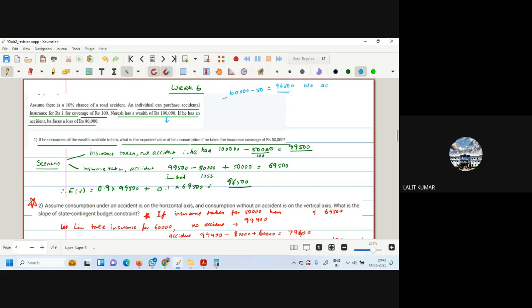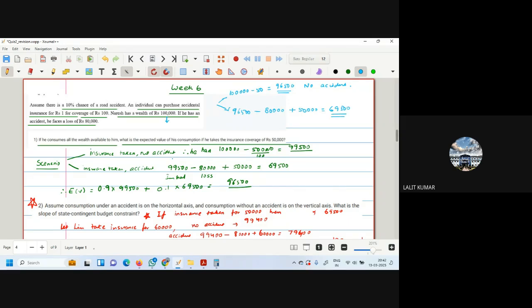In case he meets with an accident, he started with 99,500, he loses 80,000, and then he gets from insurance 50,000. So his state is 69,500 in this case.